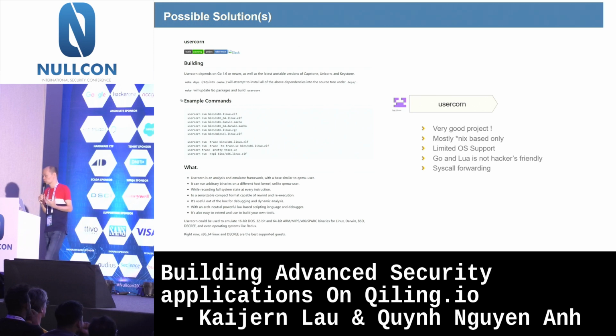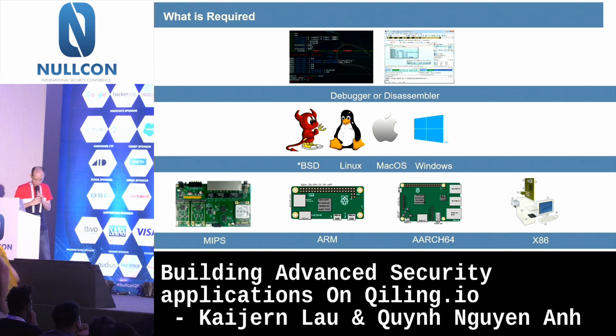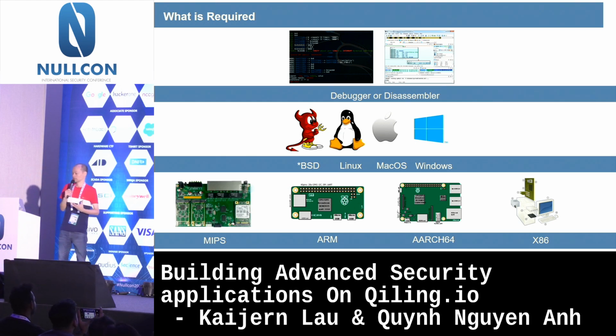And there are some good solutions for this kind of problem, like NULLCON. NULLCON is one open source, very good project. This one is also built on top of NULLCON emulator. And you can use NULLCON to emulate shellcode, but NULLCON has some limitations that I will introduce later. So the question is that you want to understand shellcode, but the shellcode can come from different CPU architectures.